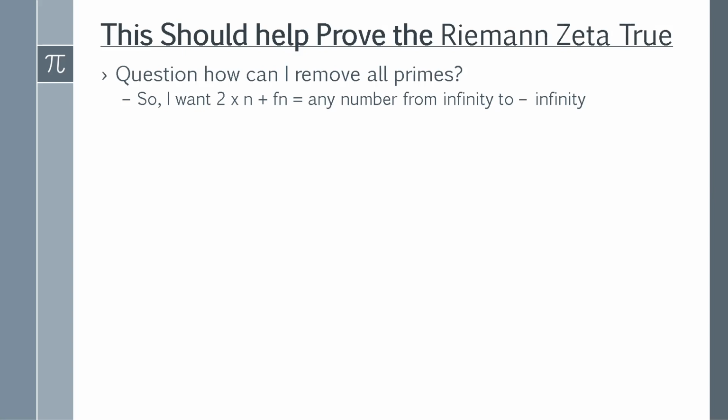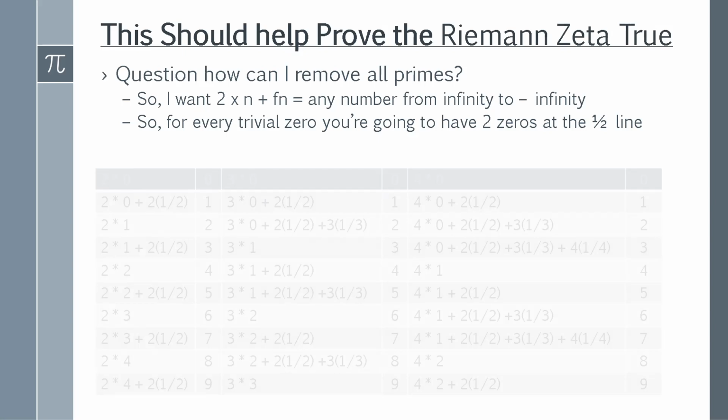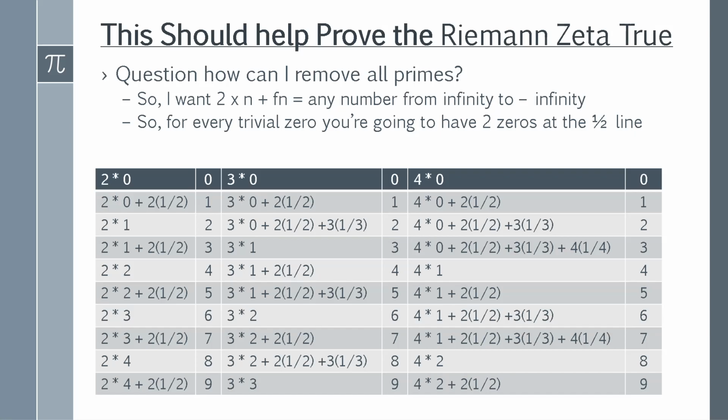And if I can do this, my thought was, I'll show where the zeros are on the 1/2 line. So here's the formula pattern I came up with. 2 times 0 is 0. 2 times 0 plus 2 times 1/2 is going to give me a 1. 2 times 1 is 2. 2 times 1 plus my function gives me 3. So my function's giving me odd numbers based on a half.